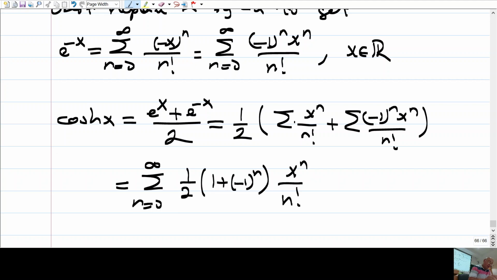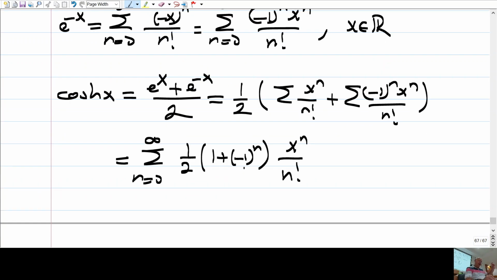The coefficients are all 1 here, and then minus 1 to the power n. So I have this. This means what? If n is odd, then this is minus 1, so 1 plus minus 1 is 0. If n is even, then it is plus 1, so it is just 2. So you get 1.